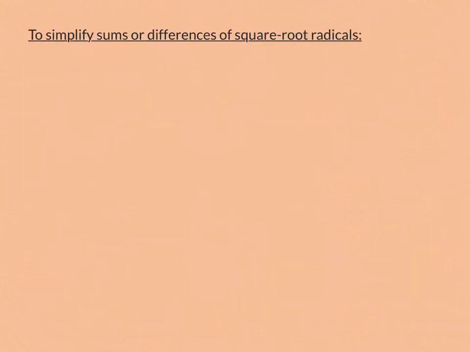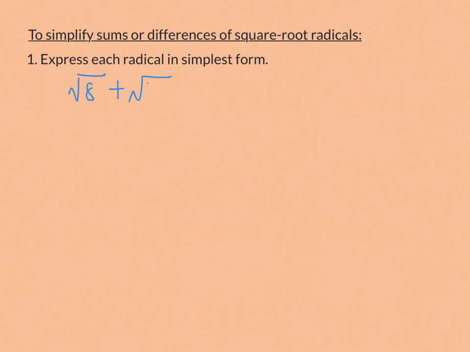To simplify sums or differences of square root radicals, you need to express each radical in simplest form. For example, when you have root 8 plus root 18, they may look like they have unlike radicands, but let's simplify the two radicands first.